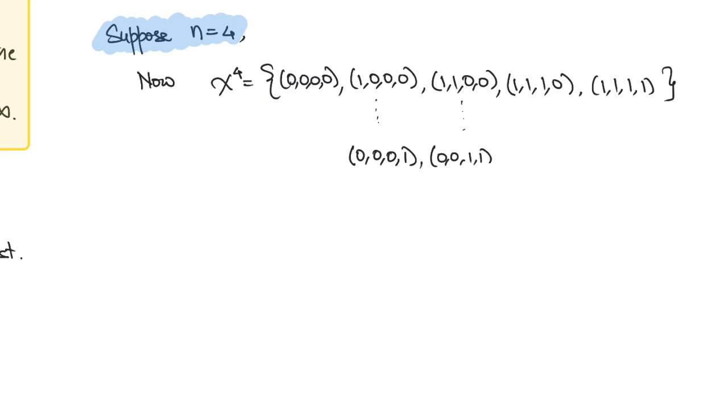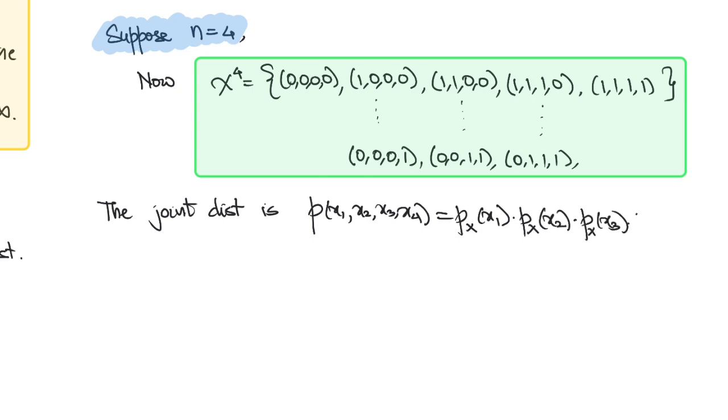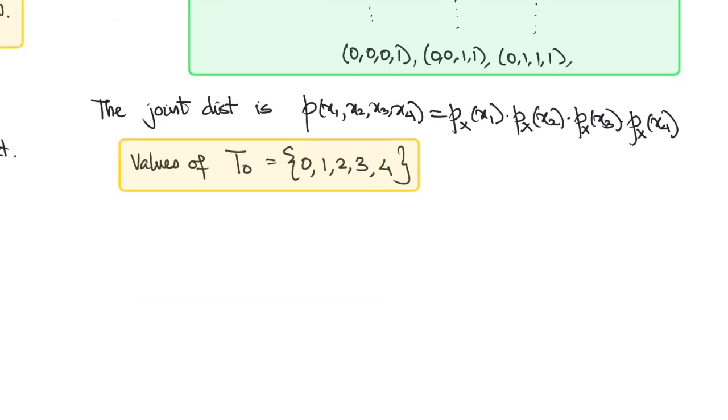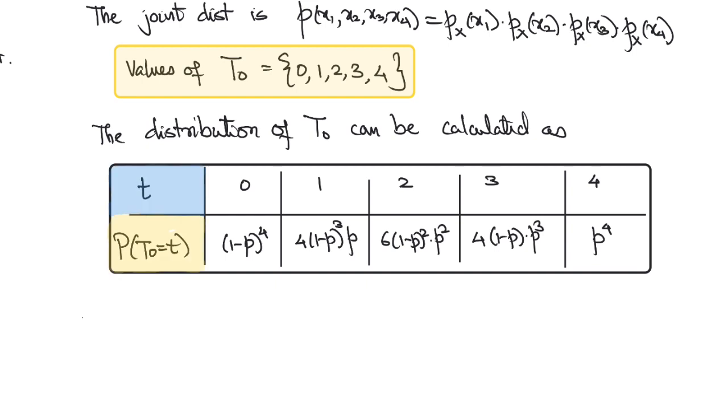And the joint distribution function is now going to be the product of the 4 probability functions, p sub X of x1 through p sub X of x4. In this setting, the sample total takes values 0, 1, 2, 3, and 4, and the probability distribution table for the sample total can be calculated on similar lines as before as follows.